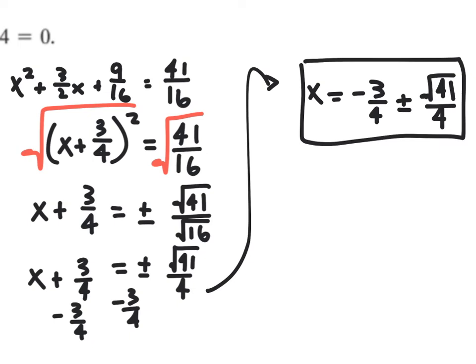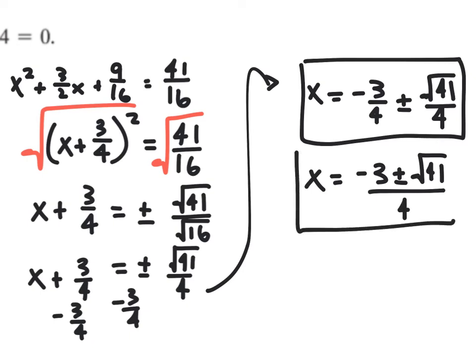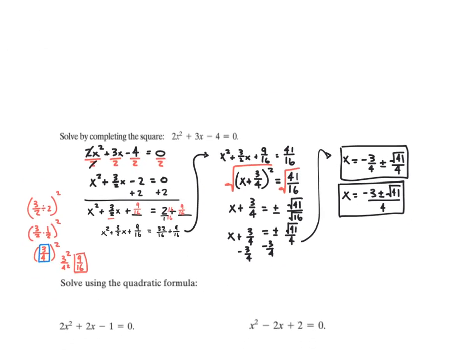However, because you have a common denominator of 4 between these two fractions, you can also write this as negative 3 plus or minus the square root of 41 all over 4. And this would work as well. Finding a decimal approximation would just involve a calculator, but leave your answers like that.